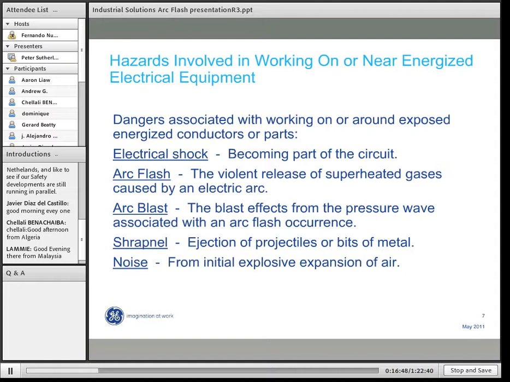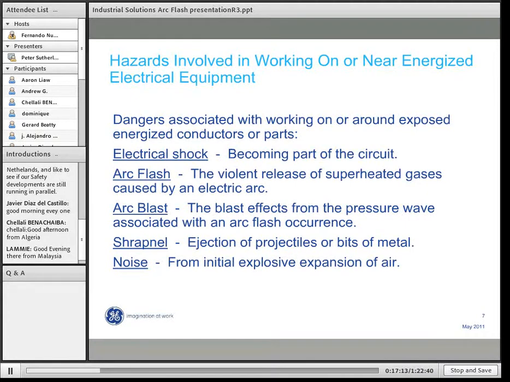Shrapnel: when you have this explosion, then you will have pieces of circuit breaker, you will have doors blowing off of switchgear compartments, and various other projectiles that can damage you just like a bullet.